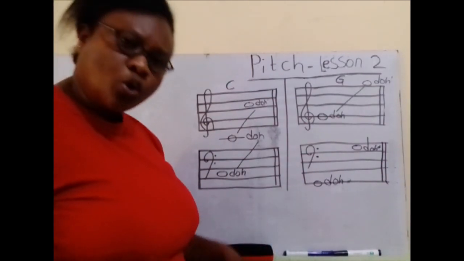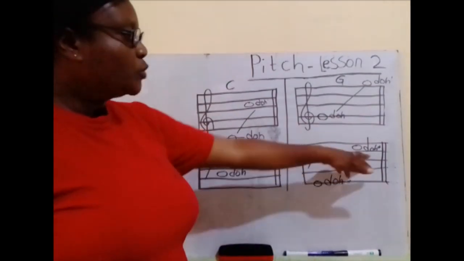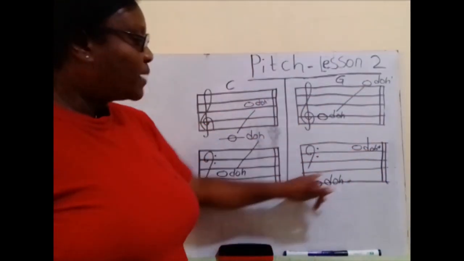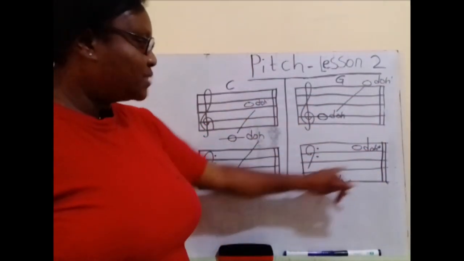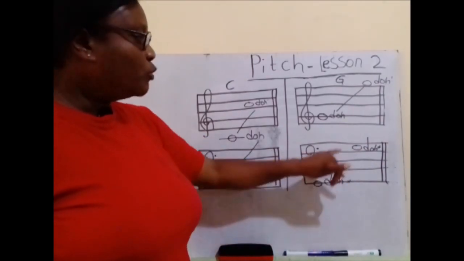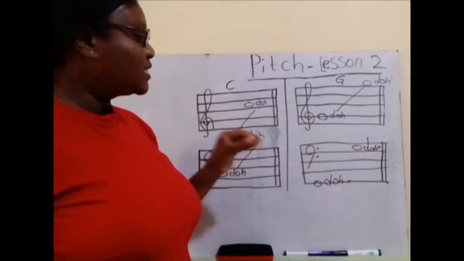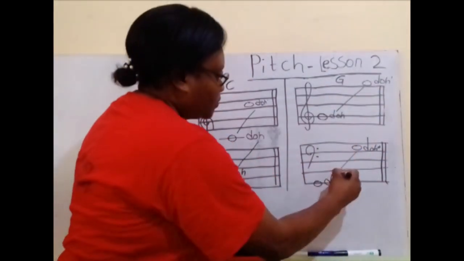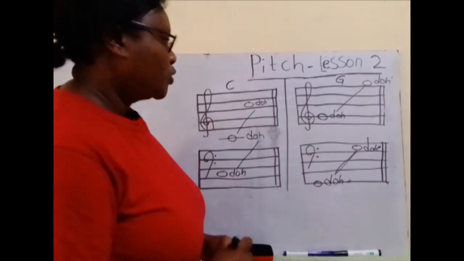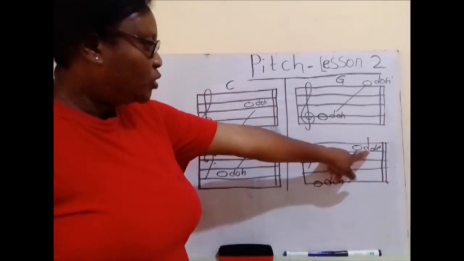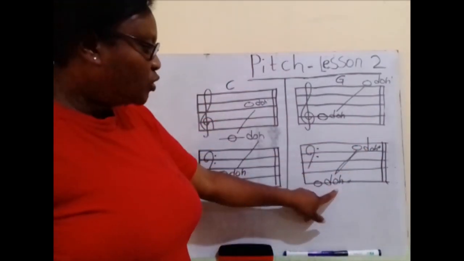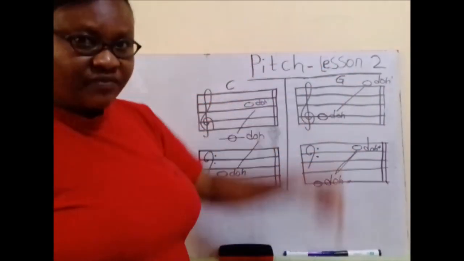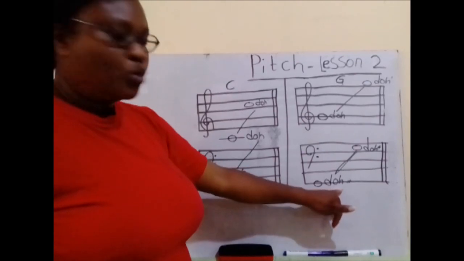It will be too low for them. You are supposed to check exactly which Do am I supposed to give them, to pitch for them. So if you happen to pitch this Do instead of this Do, they will be too high. If you do the vice versa, they will be too low.